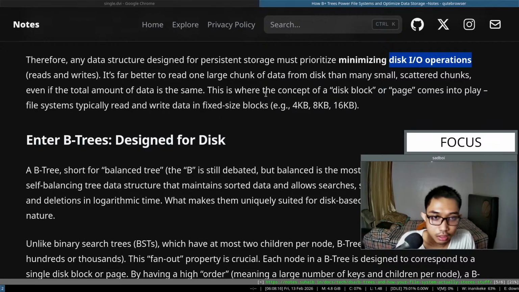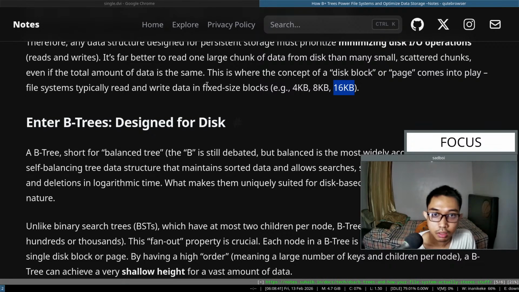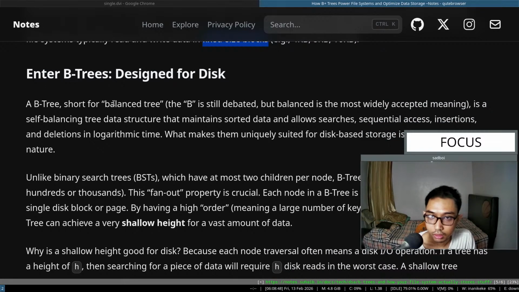This is where the concept of a disk block or page comes into play. File systems typically read and write data in fixed-size blocks. For example, 4 kilobytes, 8 kilobytes, 16 kilobytes. Fixed-size blocks.